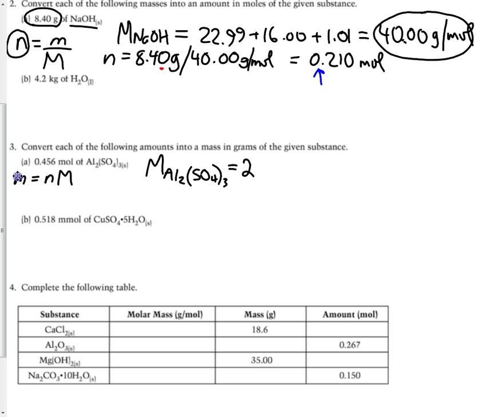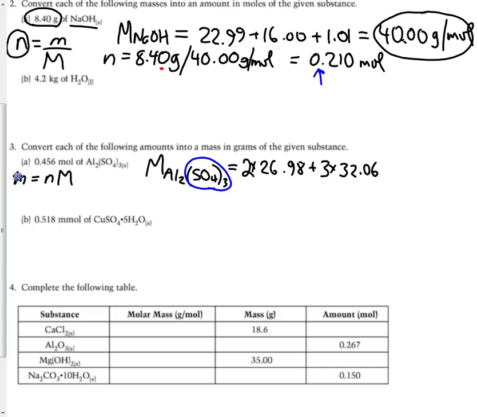2 times 26.98. In the sulfate group, we have a sulfur atom and 4 oxygen atoms. So if we have 3 sulfates, we would have 3 moles of sulfur atoms, each carrying 32.06 in mass, in grams per mole.